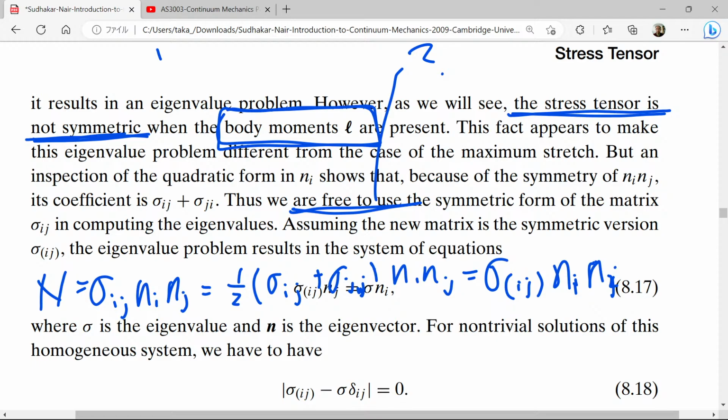Then we can consider this part as eigenvalue. We find some eigenvalue for this sigma n i.